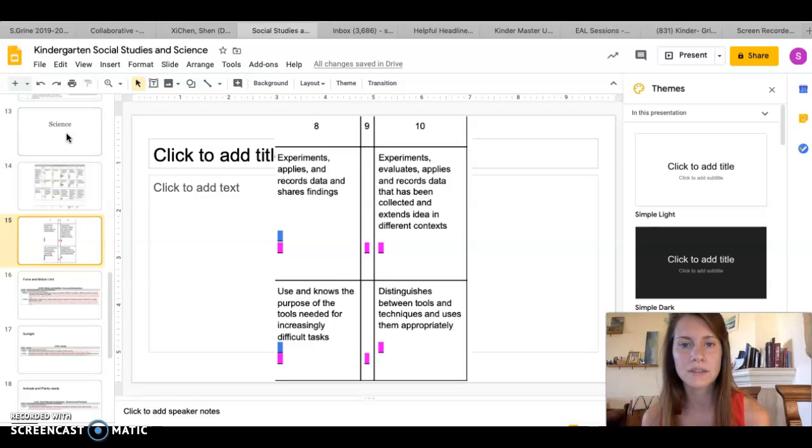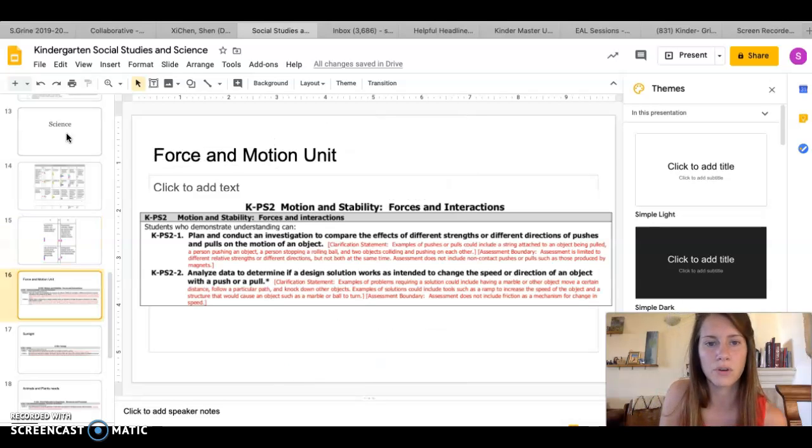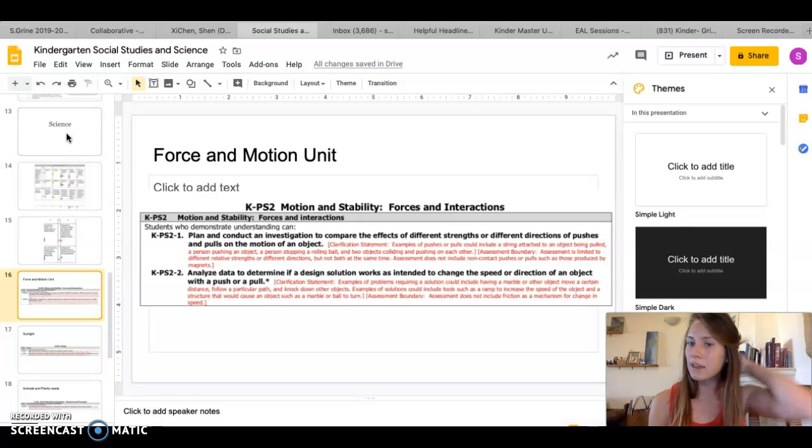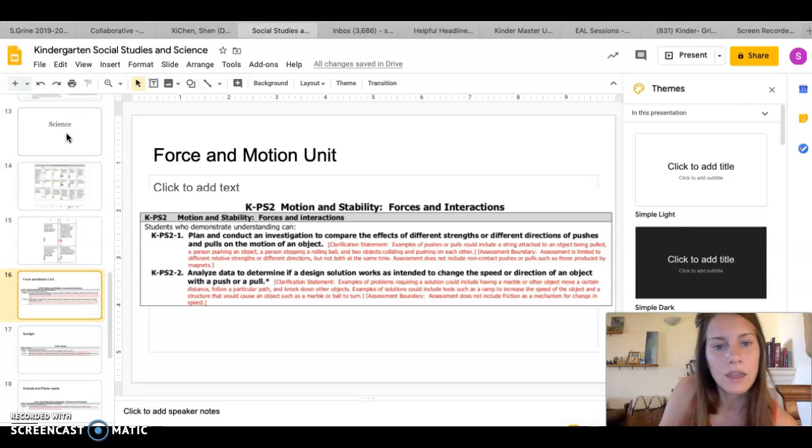So yes, I think those are great, but sometimes it can feel a little bit confusing how it fits with our units. We do have a force and motion unit where we're talking a lot about momentum, speed, friction, that kind of thing, and we could definitely assess that in an investigation context. We're currently not so much, but we definitely can. So that's something that can fit.